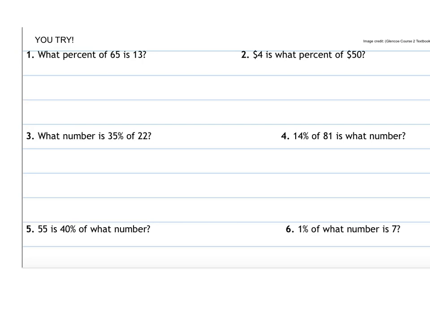There's 2 of each type of problem, and maybe you do half with the proportion and half with the equation, or maybe there is one method that totally makes sense to you and the other one is super confusing, so just use the one method or the other method, whatever you want to do.